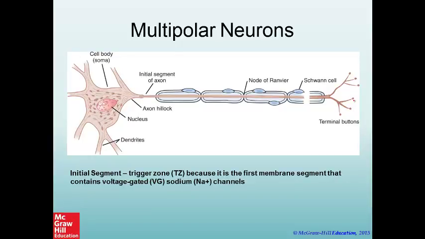We said we were going to use the multipolar neuron as our model as we were going through this. Over here is where we would find the dendrites. They attach to the cell body, the soma, which is basically this, and then the soma grows an axon.